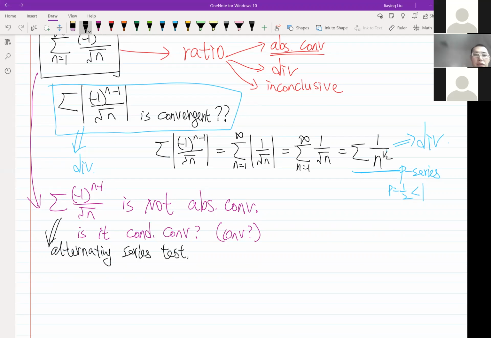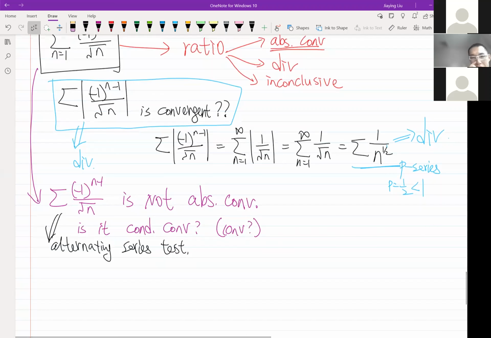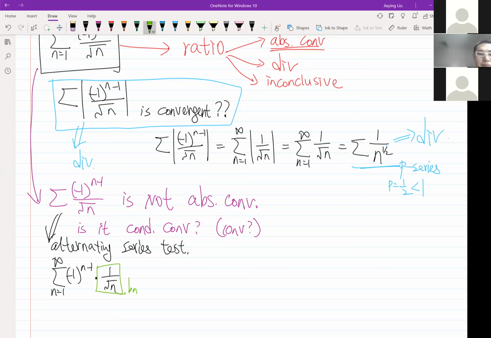Right? There are 2 parts that we have to show, but we need to know what Bn is from the given series. So I'm going to rewrite the series as (-1)^(n-1) times 1 over square root of n, again, n from 1 to infinity. And in this form, this is what we call Bn, which we need.